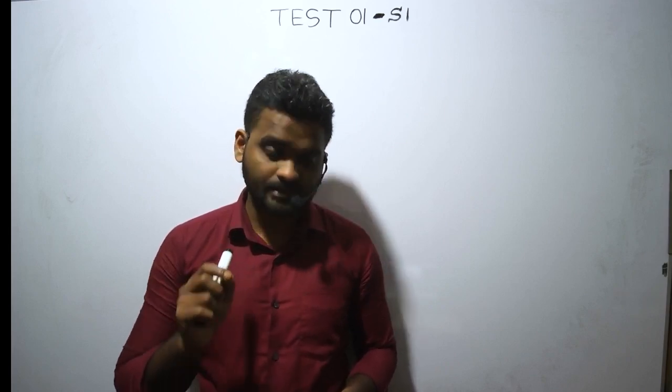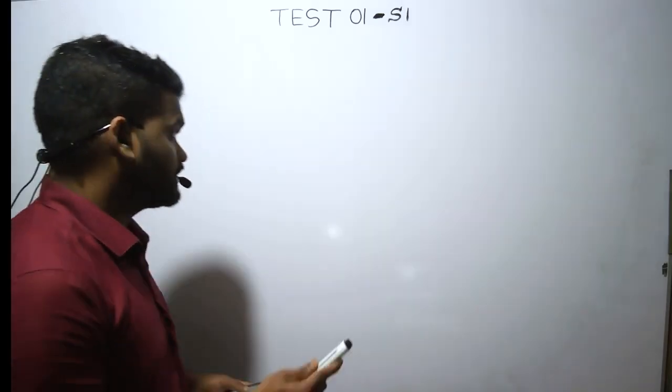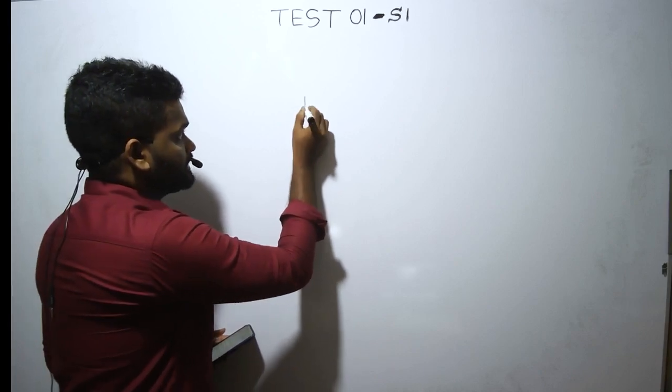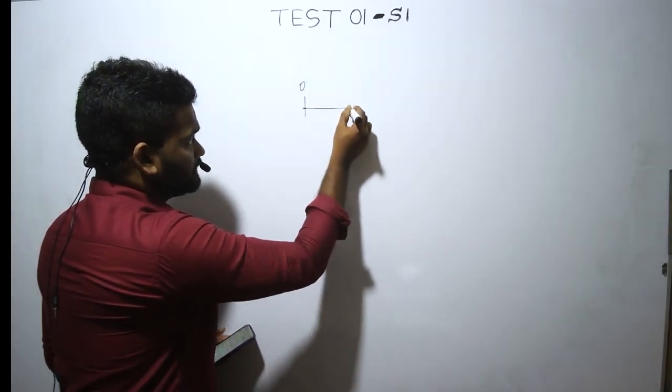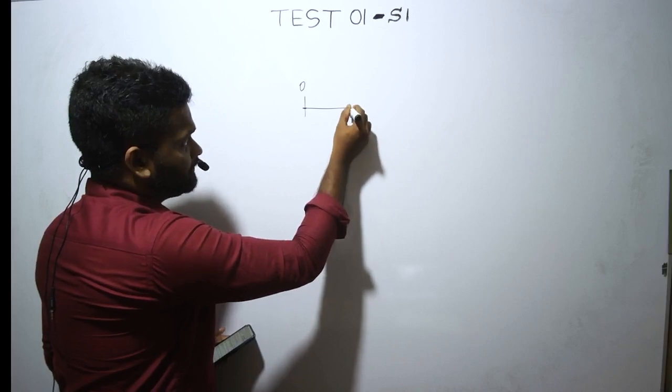Third question. A particle in simple harmonic motion takes 0.5 seconds to move from the center to its first amplitude. The frequency of the particle is, right? So let's say the particle is here at the center, and first amplitude means here.